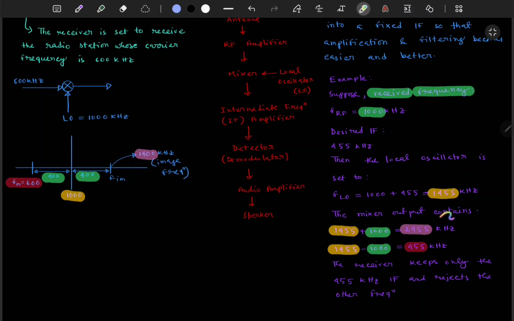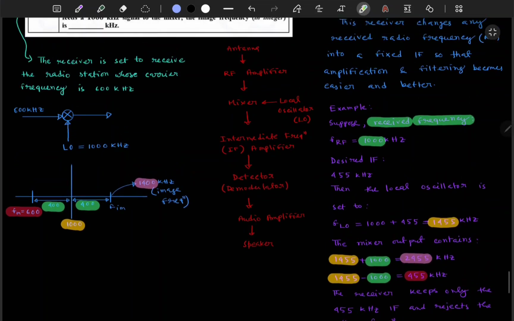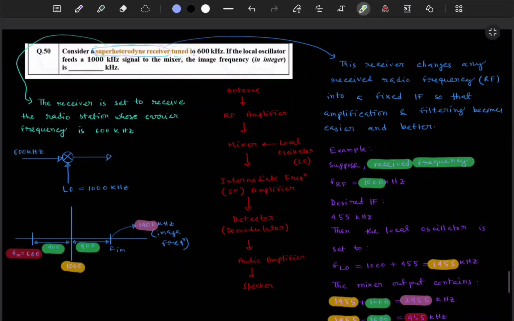So the mixer output contains 1455 plus 1000, which is 2455 kilohertz, and if you subtract, it will be 455 kilohertz. So the receiver keeps only the 455 kilohertz intermediate frequency and rejects the other frequency. For this reason a superheterodyne receiver is needed.